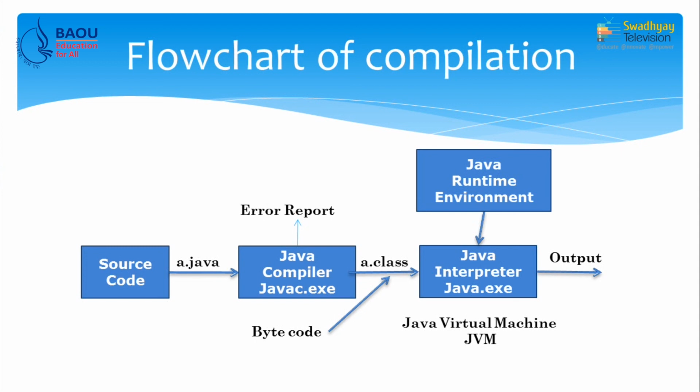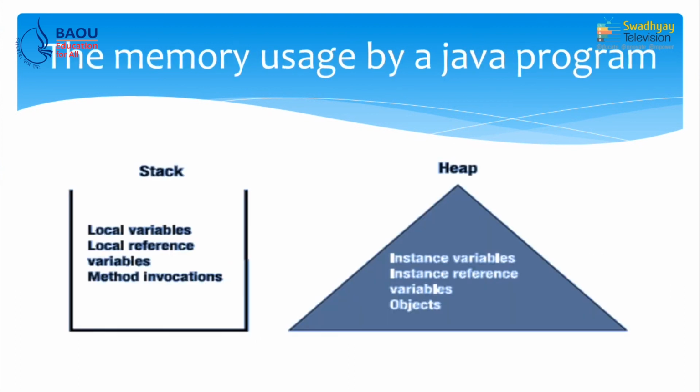So, this is how we can compile and run our Java program. On the development side, we have JDK installed. On the run or execution side, we require JRE and the Java virtual machine. So, this is how we can compile and run our program.